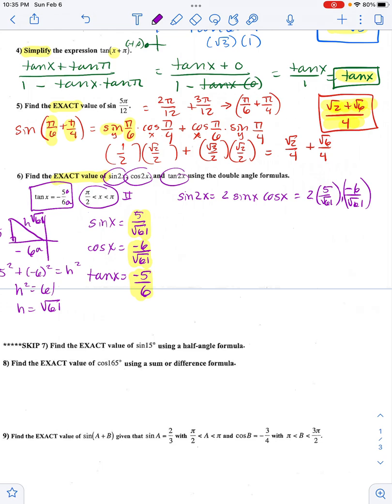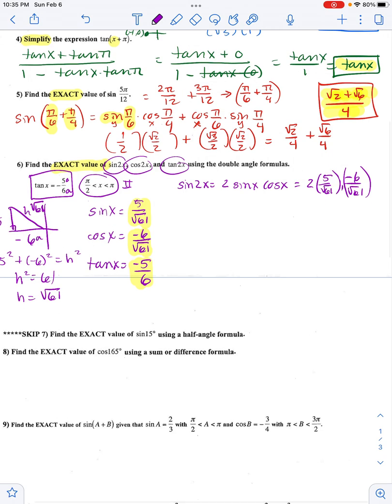Okay, so here's why leaving the root alone actually worked out fine. Because if you think of this as 2 over 1, the square root of 61 is going to get multiplied by another square root of 61, which is really just going to get rid of the square root, because you're squaring a square root. So I end up multiplying all those top numbers together.